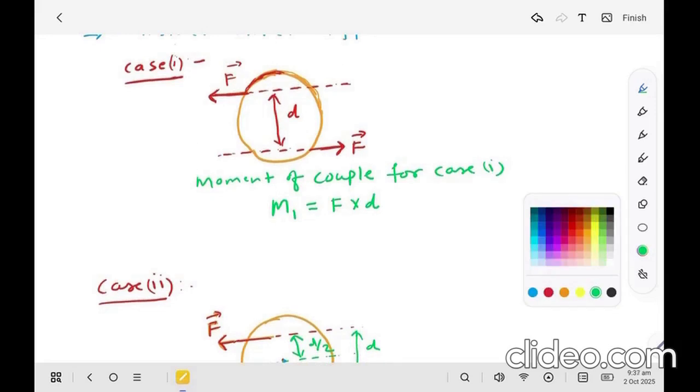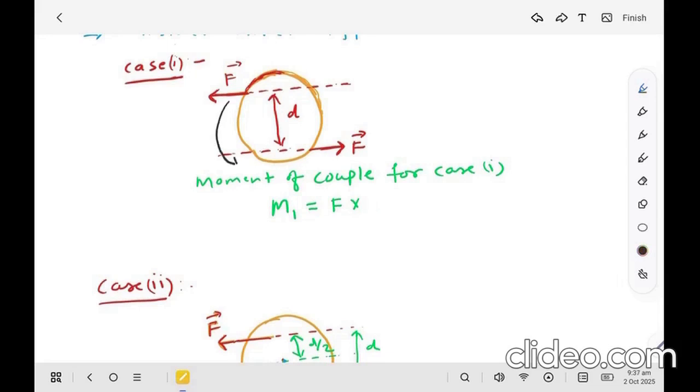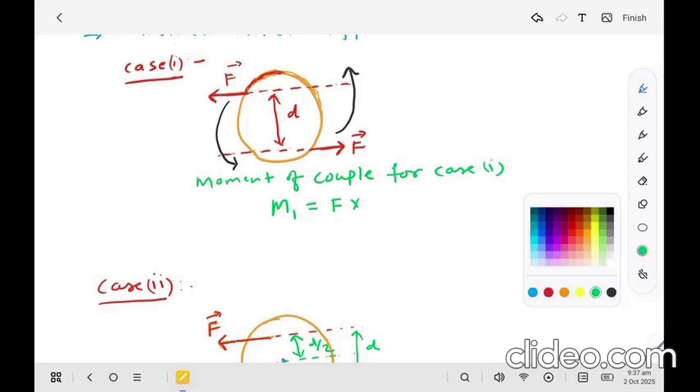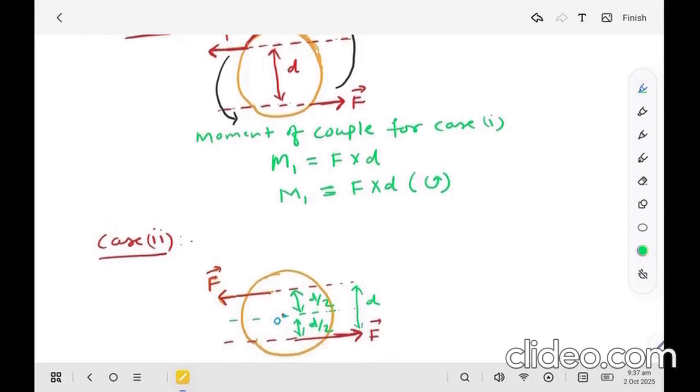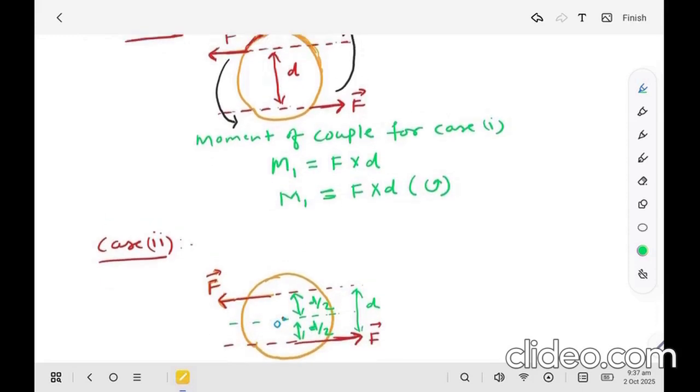And if you look at the diagram, this couple acting on the body has a tendency to rotate the body in this direction, which is the anti-clockwise direction. Therefore, I can express the moment of this couple, and the direction is anti-clockwise. So this is the moment of this couple.